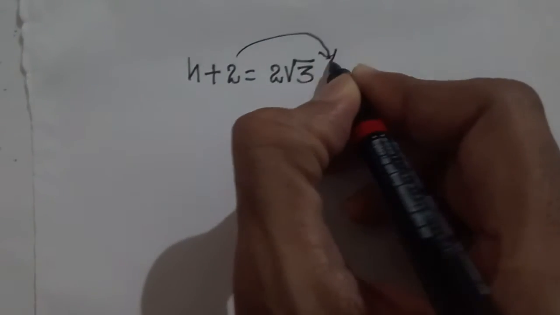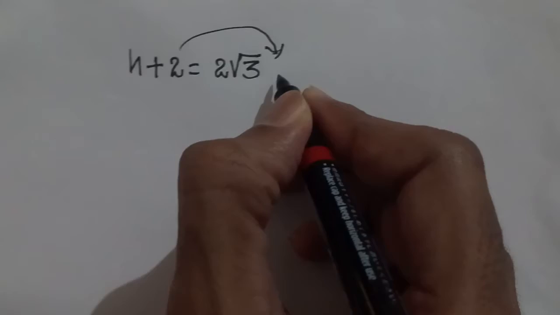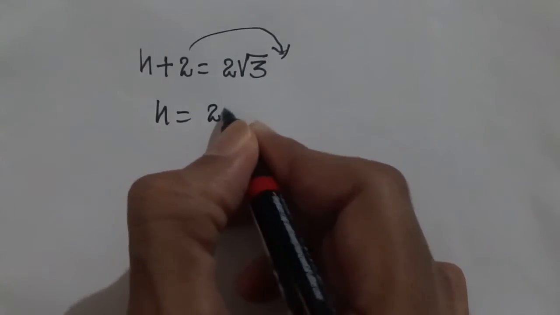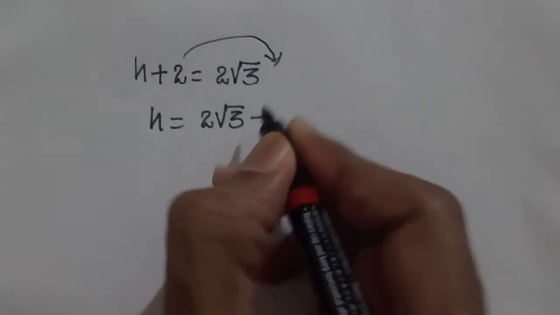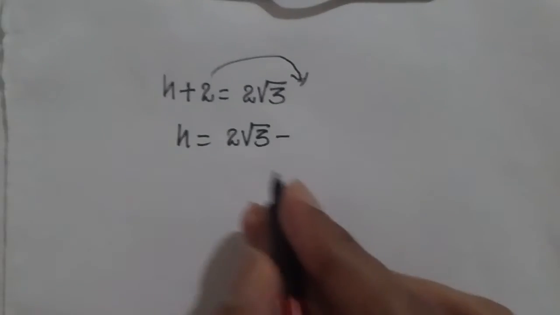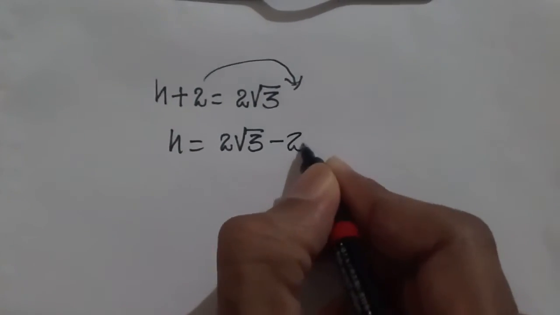Taking 2 to the RHS, an addition quantity becomes a subtraction quantity. h is equal to 2 into root 3 minus 2. A plus quantity becomes a minus quantity, so plus 2 you should write as minus 2.